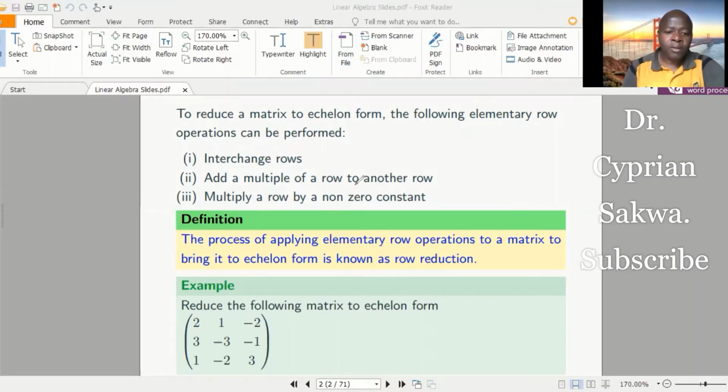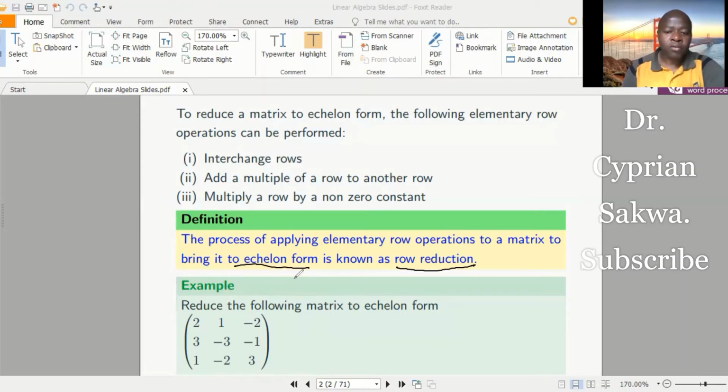The process of performing the elementary row operations on a matrix is what we call row reduction. By row reduction, we just mean applying the elementary row operations on a matrix to bring it to echelon form.